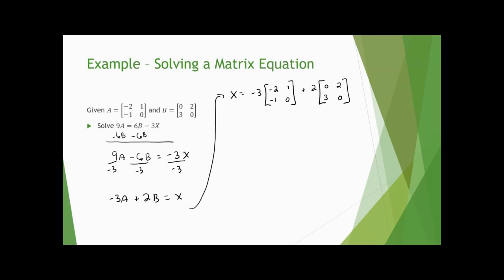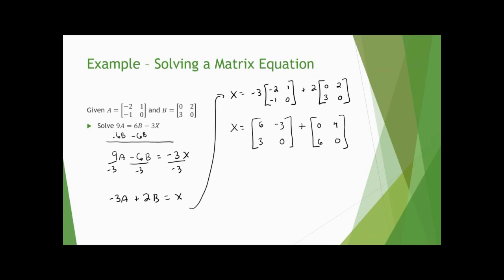It's the same order of operations as when solving anything else. When I multiply negative 3, I have to multiply it by everything. So that's going to be 6, negative 3, positive 3, and 0. And then I multiply 2 through the second matrix: 0, 4, 6, and 0.